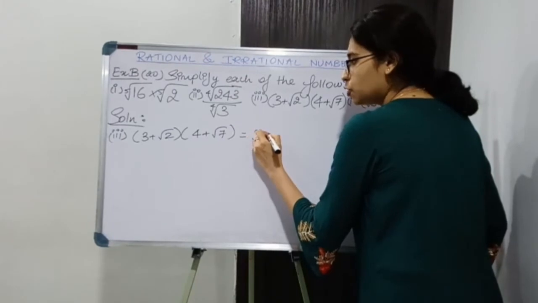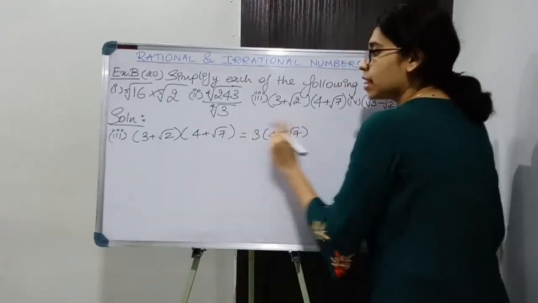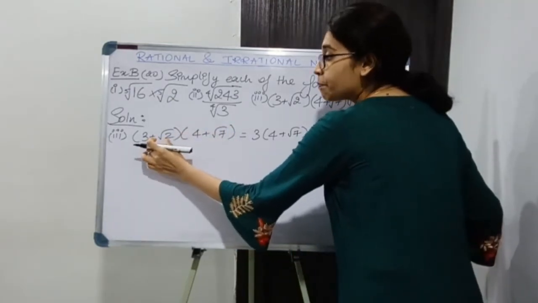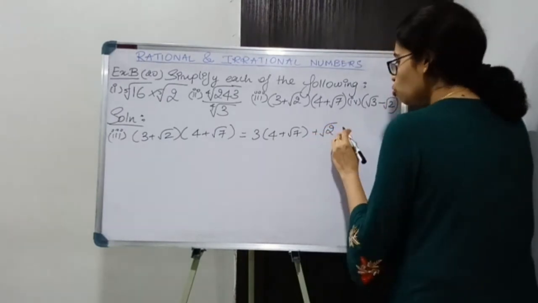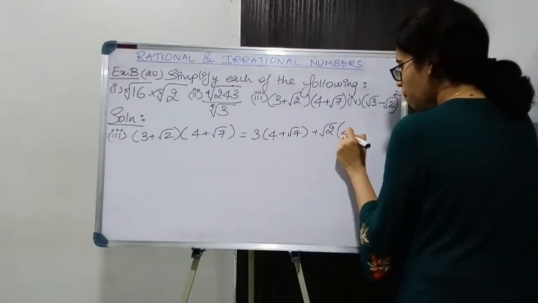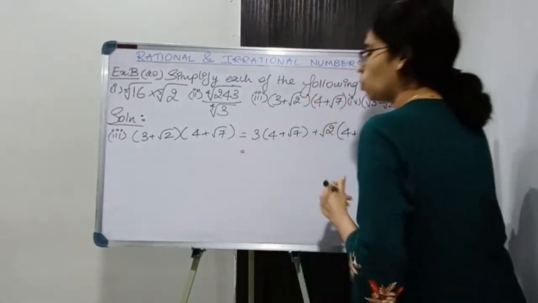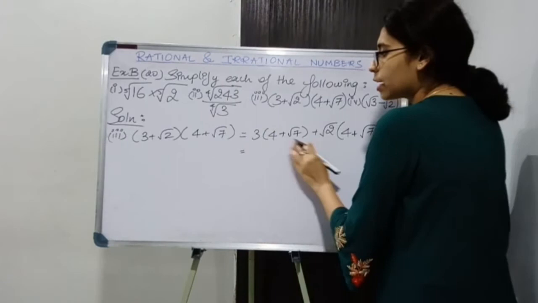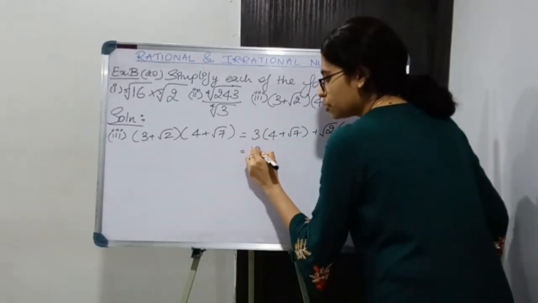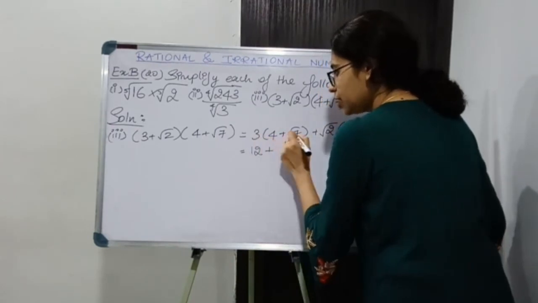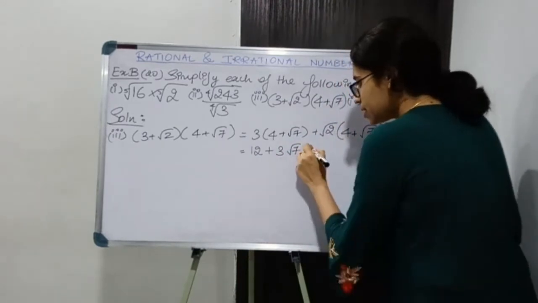So I'll multiply 3 by 4 plus root 7 and then I'll write the number with the sign over here. So I have plus root 2 over here, if it was minus root 2 I would write minus root 2. So plus root 2 into 4 plus root 7. Now I'll open the bracket, I'll multiply 3 by these two numbers. So 3 4s are 12 plus 3 into root 7. So 3 will remain separate and root 7 will remain as it is.